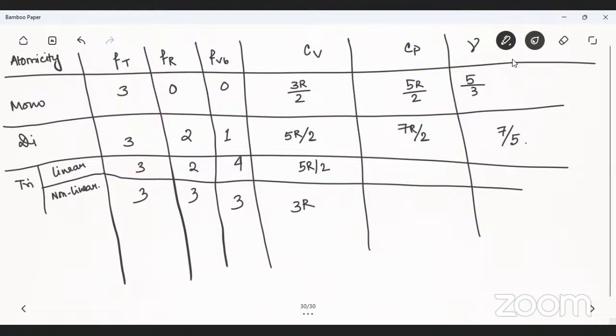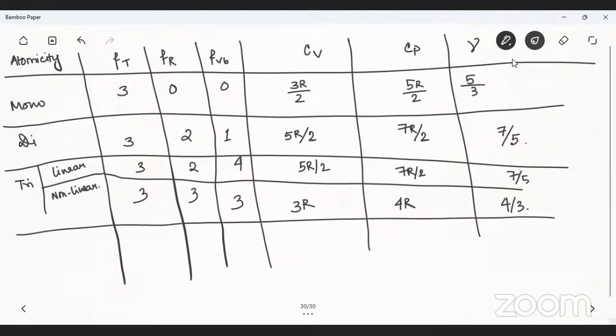So it will be 7R by 2, here it will be 4R, and it will be 7 by 5, it will be 4 by 3. So this is the basic chart. If you calculate the degrees of freedom for everyone, you will see that this is coming. So if you know the structures of the molecule, you can know CP, CV, their degrees of freedom, you can know everything.